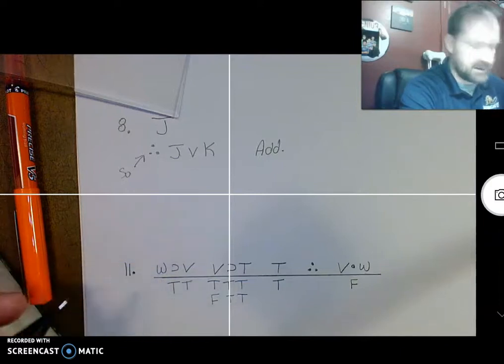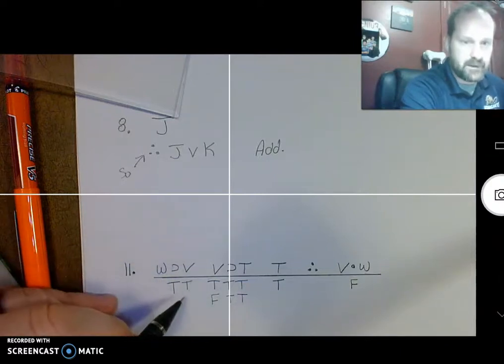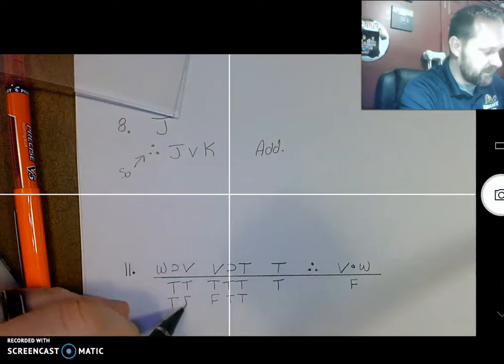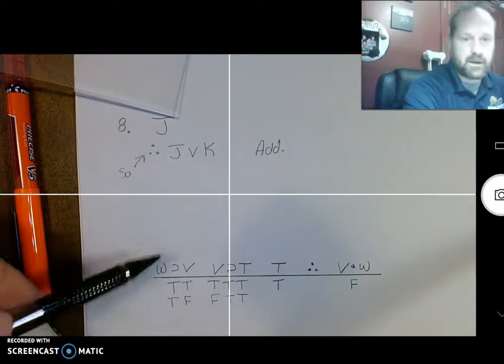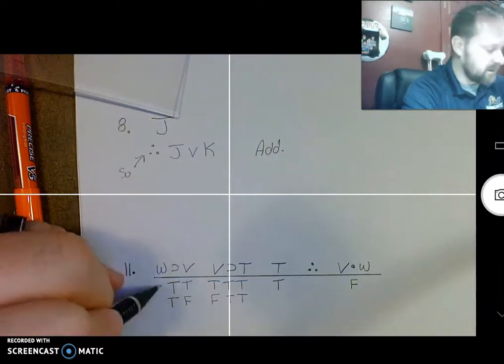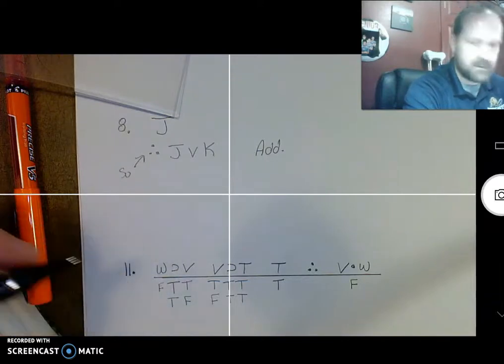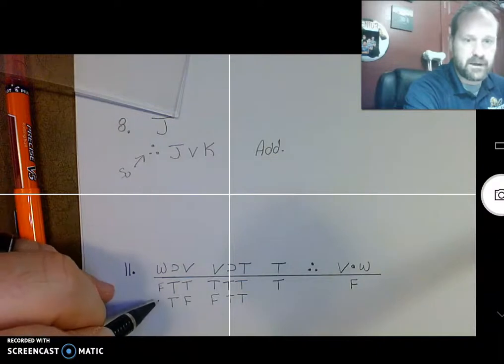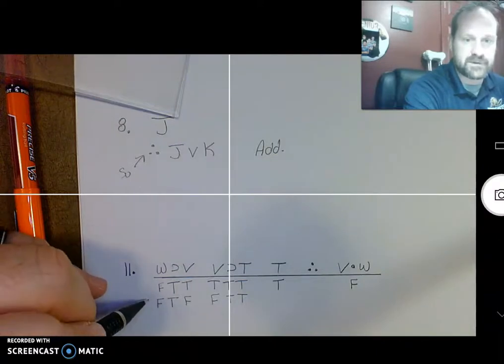So then I'm going to put the T there, and then over here I'm going to put true and then false. And again, W in this situation could be false. That'd be fine. W would have to be false in this situation.